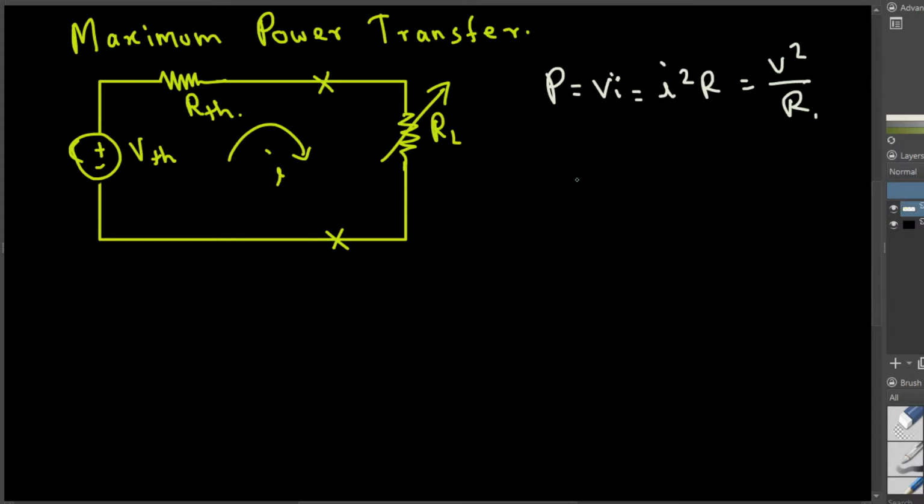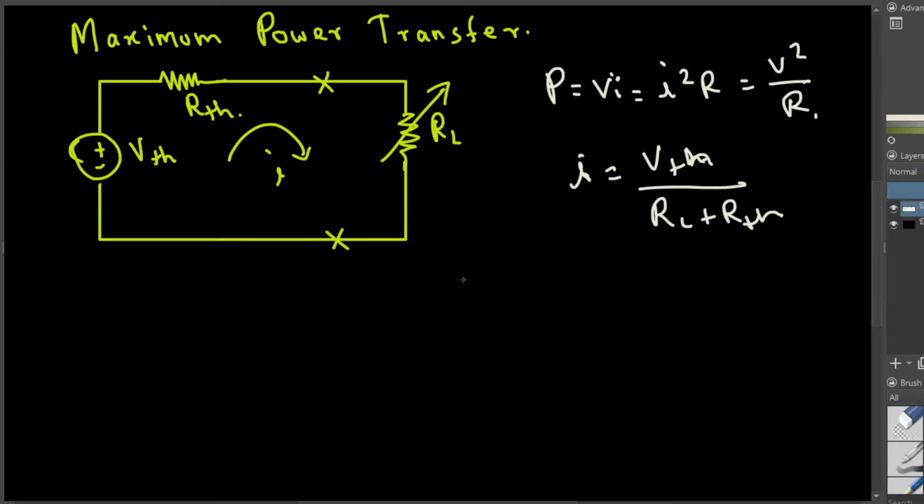Okay. So here I is equal to V Thevenin. If I apply Ohm's law, I is equal to V divided by R. In this case, this is V Thevenin divided by these two resistors, which are connected in series, so they add up, and that's going to be in the denominator: R load plus R Thevenin.